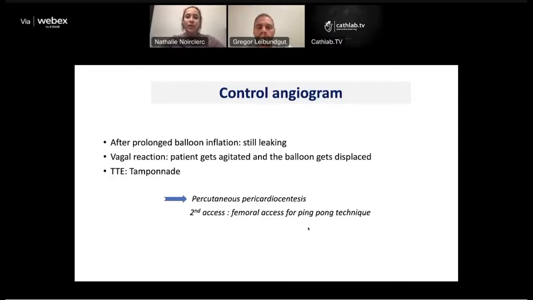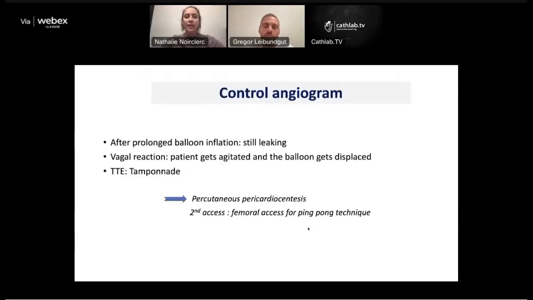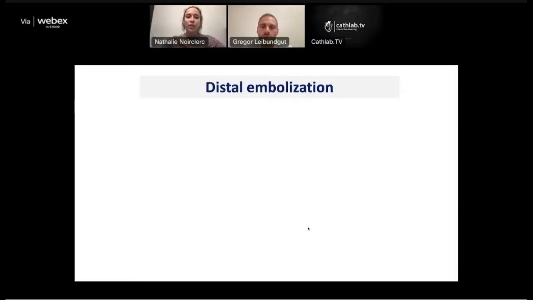So he performed pericardiocentesis, and he quickly punctured for a second access to be able to treat the perforation while the balloon is occluding the artery, like before. So the idea was to have a balloon inflated and to perform a distal embolization, but slowly and with time, because he had the ping-pong access.